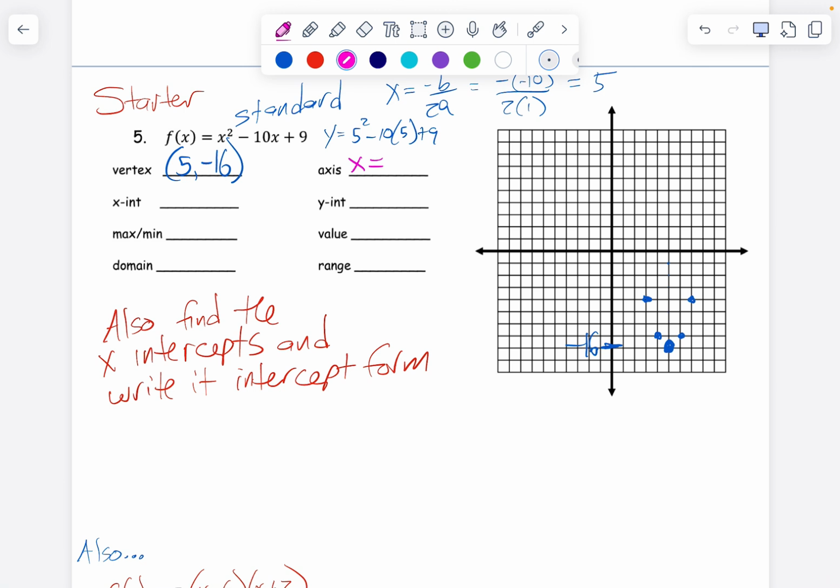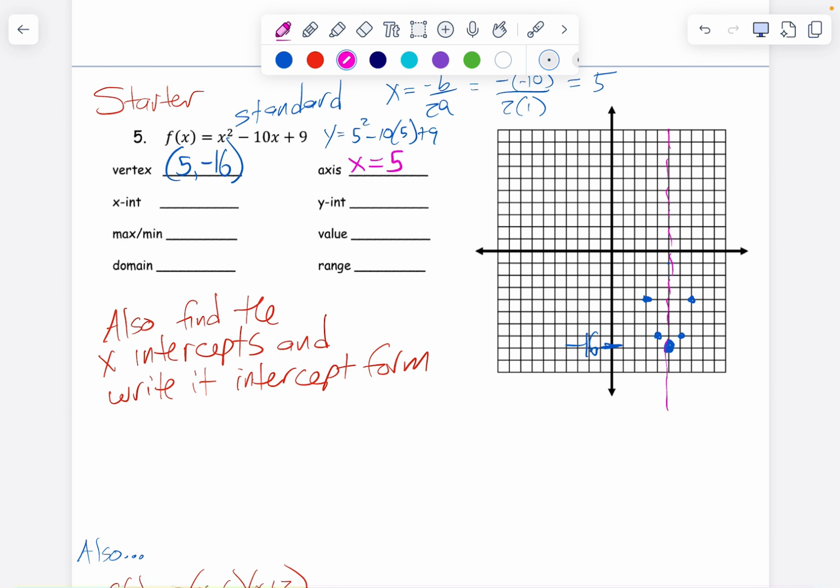Again, that could go on your note card, right? Vertical line, always write x equals. I'm pretty sure we wrote that in the notes. What x coordinate does this go through? 5, yeah. Okay. So on your graph, this is not necessary, but you could put your axis of symmetry right through the middle if you want.